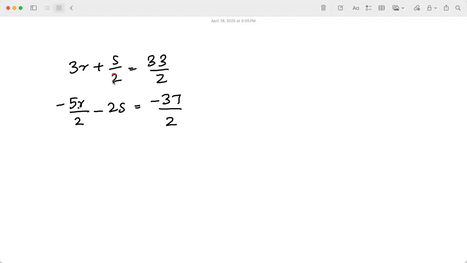This one is a 2, and 33 by 2. The letters are rounded. Make sense?